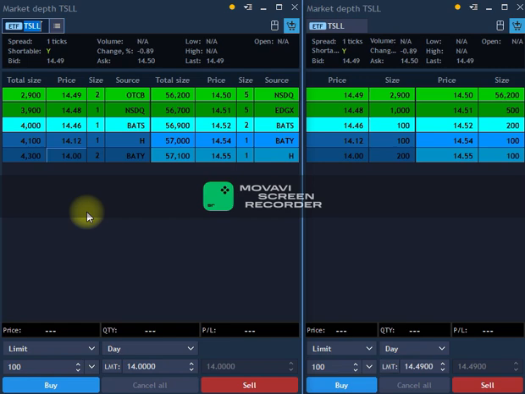I see 56,000 shares offered. I'm willing to buy 5,000. So I'm pressing market. I will get filled at 1450, and the size here will drop from 56,200 minus 5,000 to 51,200.